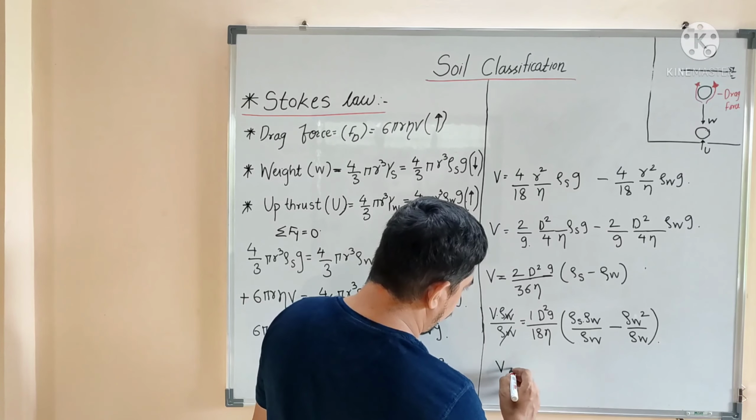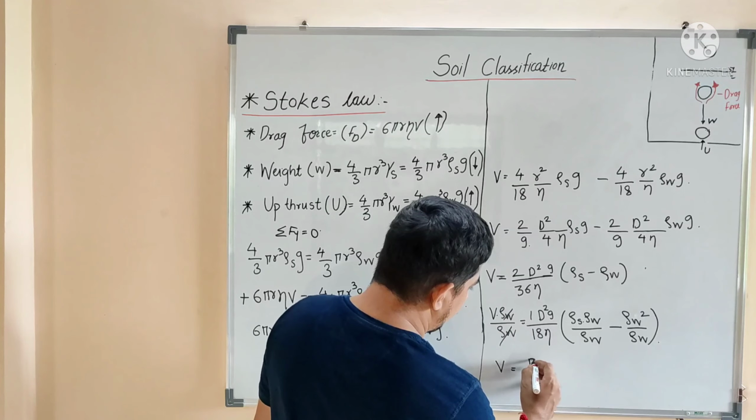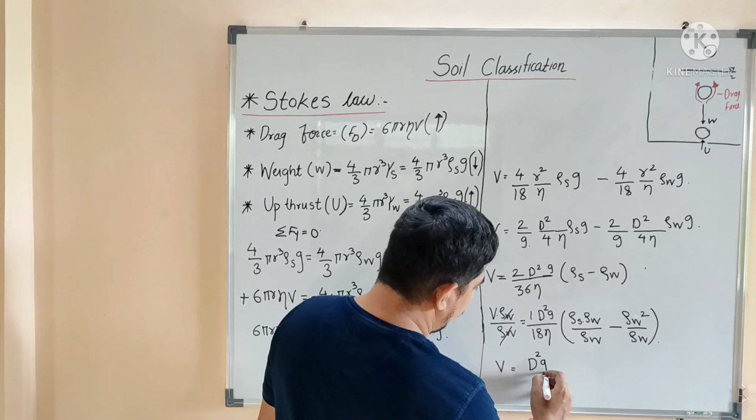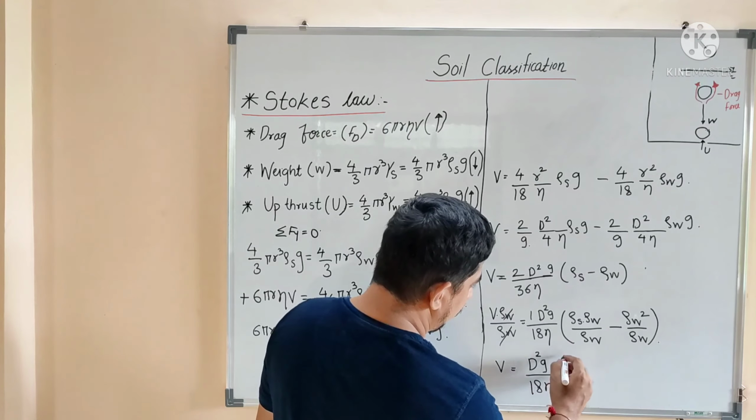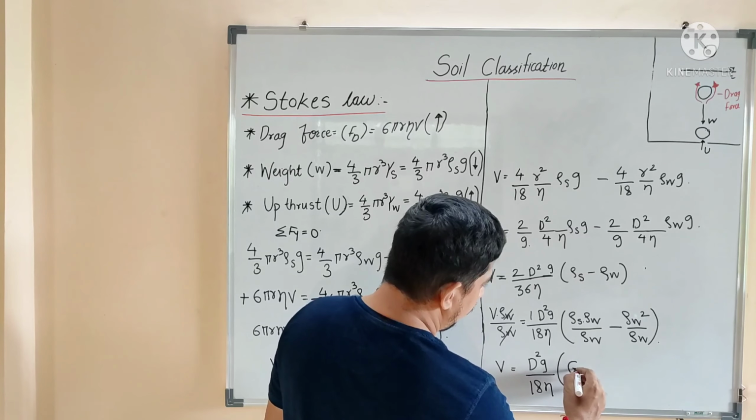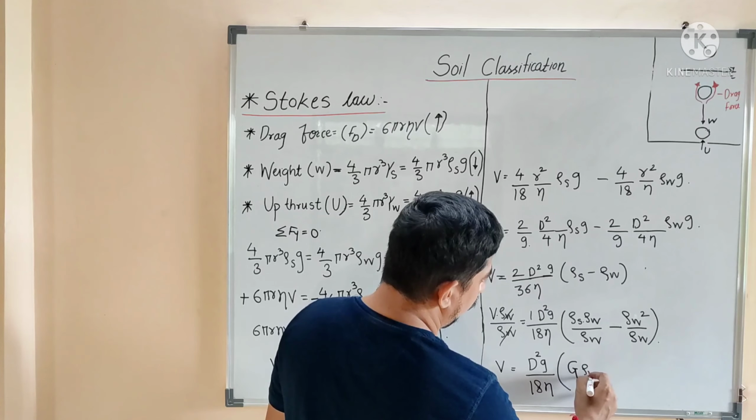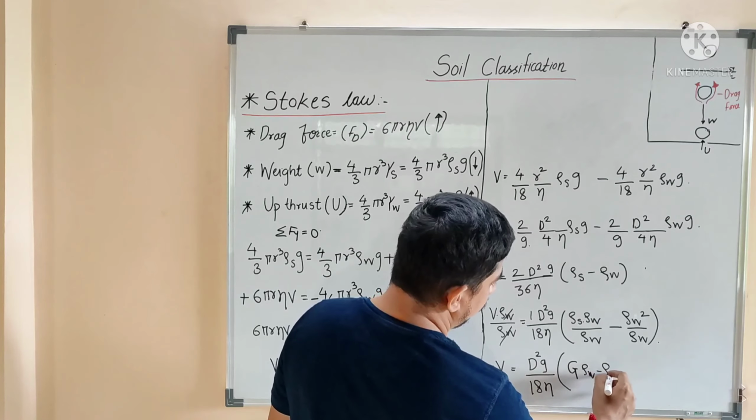Rho s by rho w is nothing but G, that is the specific gravity of solids. So V is equal to d square by g divided by 18 eta into G into rho w minus rho w.